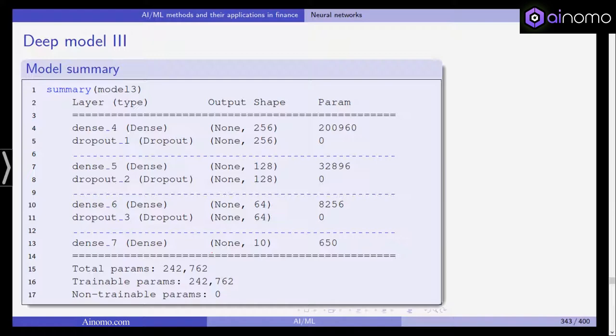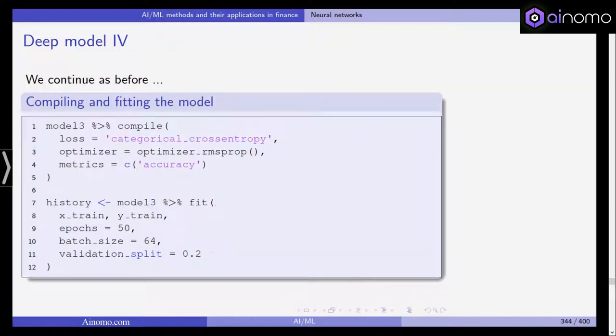So we move from 204,000 to 243,000 parameters. We continue as before. We compile and fit the model, again using cross entropy and accuracy, 50 epochs, batch size of 64, and we use 80% for training and 20% of our available data for validation.